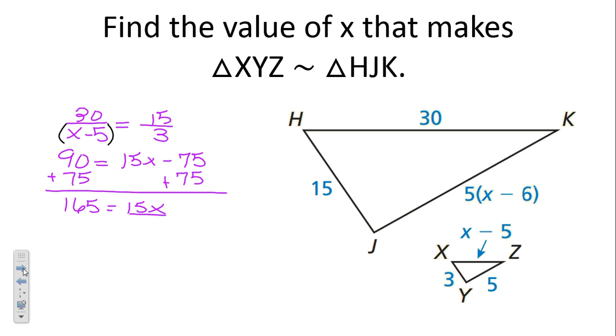And then divide by 15. Okay? The key here was to make sure that you pick two that you know. We could have set up this other proportion. When we do that, we'll still get the same result. Okay?